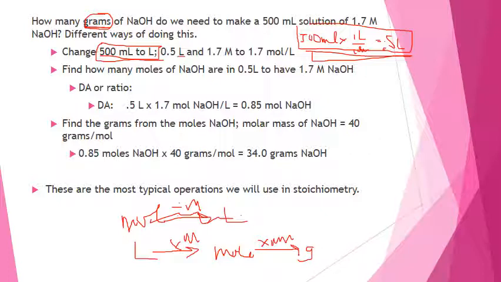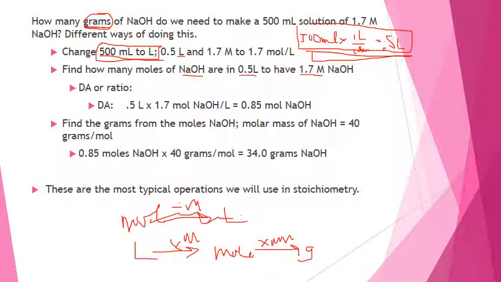Okay, so first thing I want to do is find out how many moles of sodium hydroxide are in a half liter of 1.7 molar. I know there's 1.7 moles per liter, and a half a liter is obviously going to give me 0.85 moles.